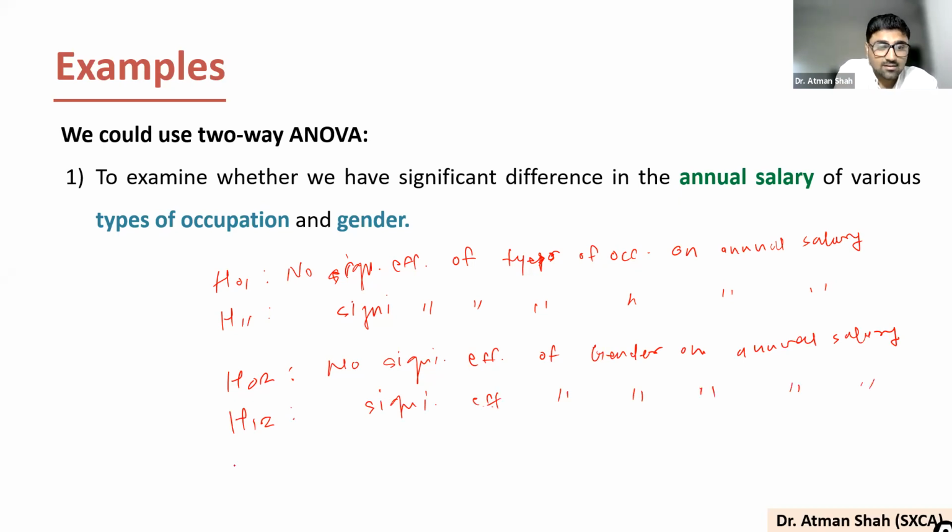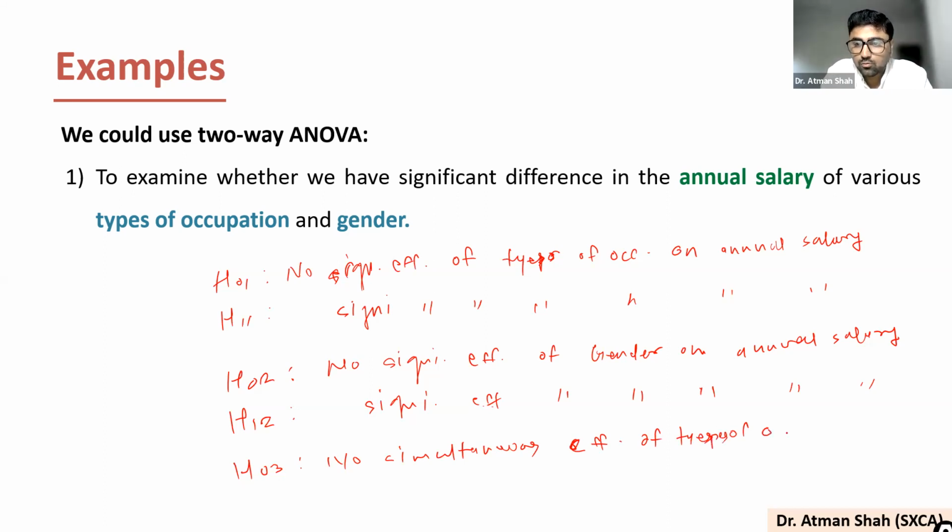And then third, for interaction effect, there is no simultaneous effect of types of occupation and gender on annual salary.